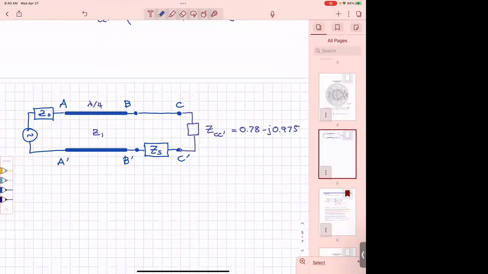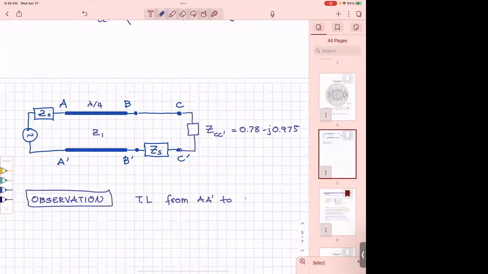So that is my quarter wavelength transformer. That's what I observed. So my other observation is that the transmission line from A prime to B prime is a quarter wave transformer.